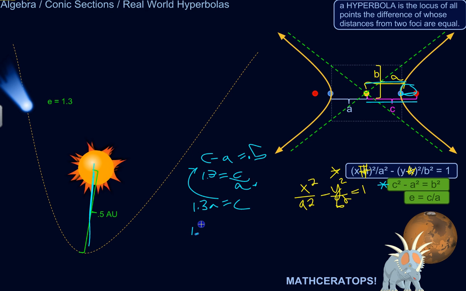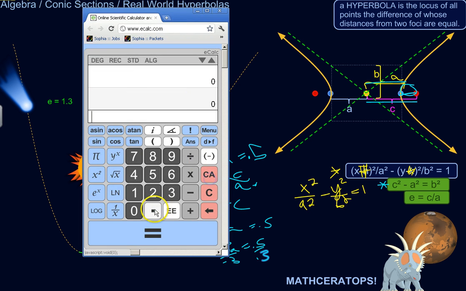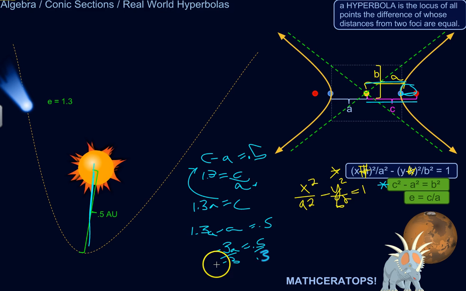So 1.3a minus a equals 0.5. 1.3a minus a is just 0.3a equals 0.5. Then we can divide both sides by 0.3. 0.5 divided by 0.3, so a is 1.6 repeating. Let's just call it 1.7. So a is 1.7 astronomical units.